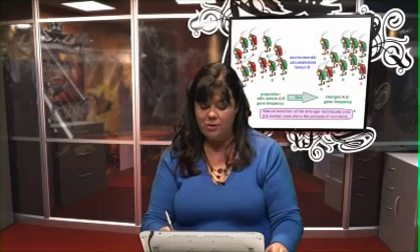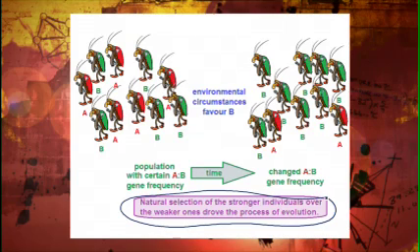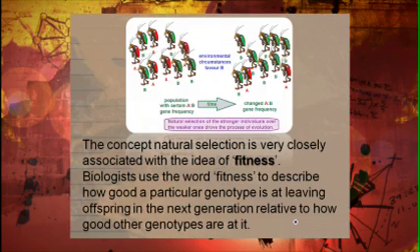So it all depends on what the circumstances of the environment are as to what qualifies an organism to be fit in the environment. And natural selection of the stronger or the fitter individuals over the weaker ones drives that process of evolution.